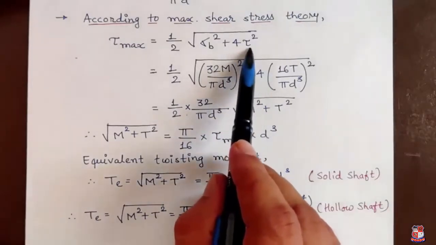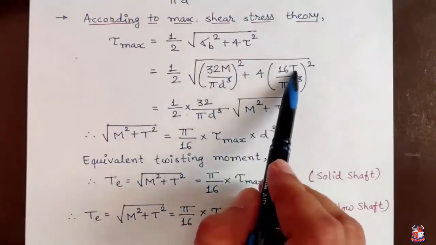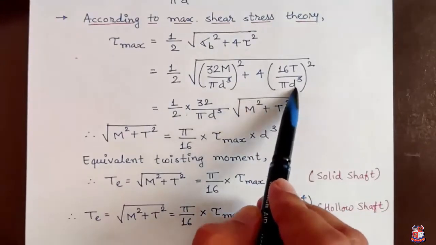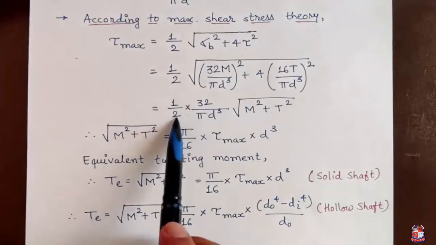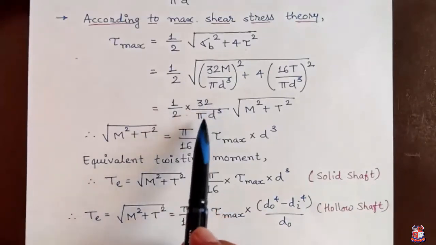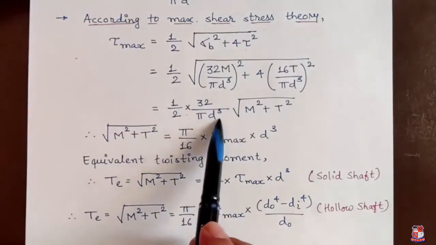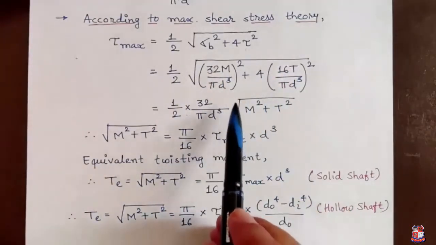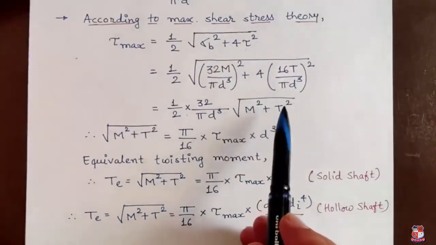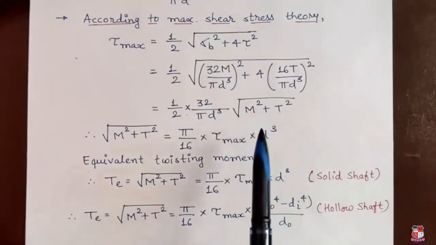In place of tau, we are having 16 into T by pi into d cube. By simplifying this equation, we will get 1/2 into 32 by pi d cube. This will be common from these two terms. So remaining term will be root of M square plus T square.